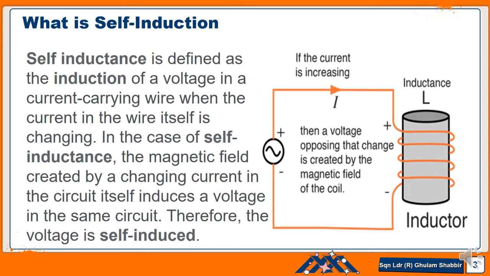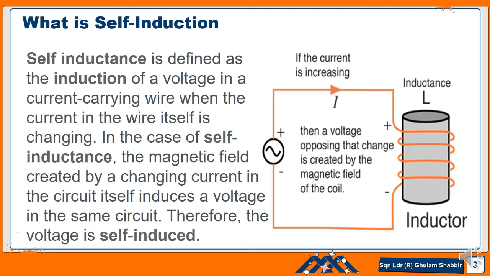Then according to the principle that when there is current passing through a conductor or coil, a magnetic field is produced around the conductor and around and inside the coil.